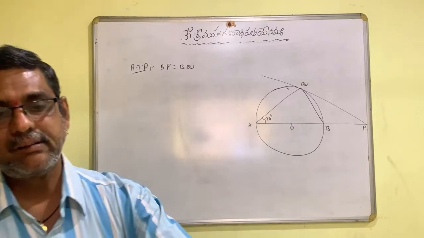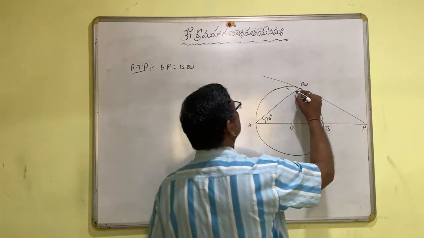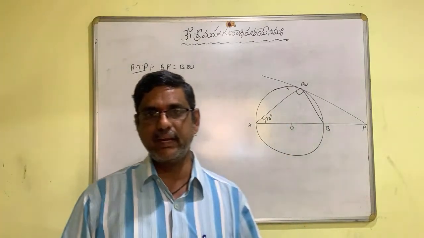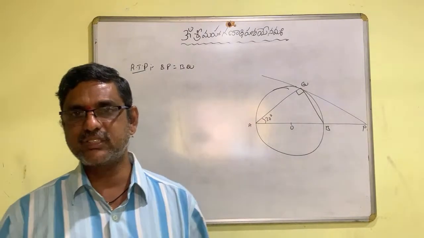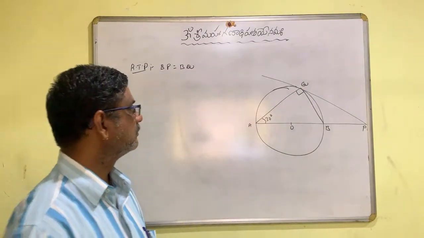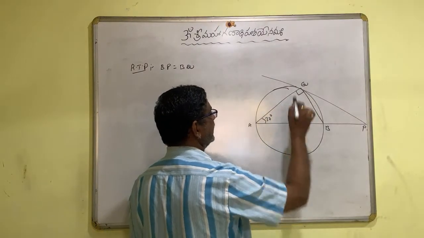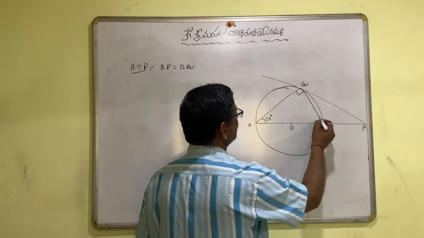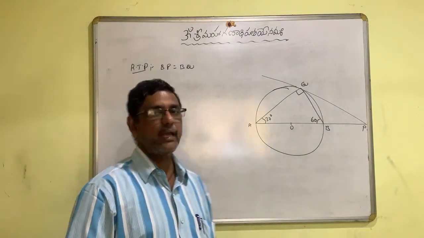Why? Reason? Angle in a semicircle. Good. Angle in a semicircle is 90 degrees. Now, this is 30, 90. This is 120. Then this will be 60. Angle ABQ is 60.